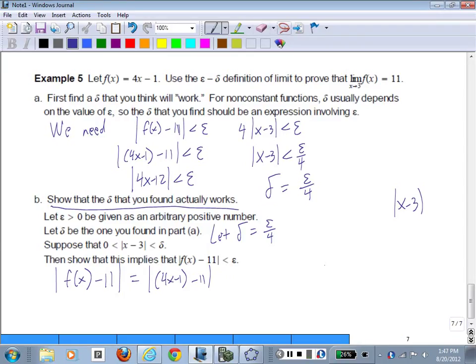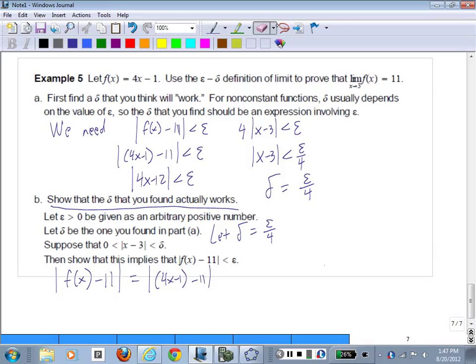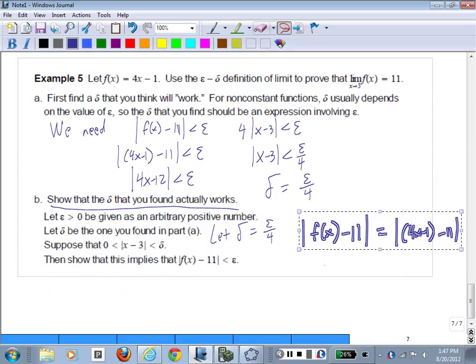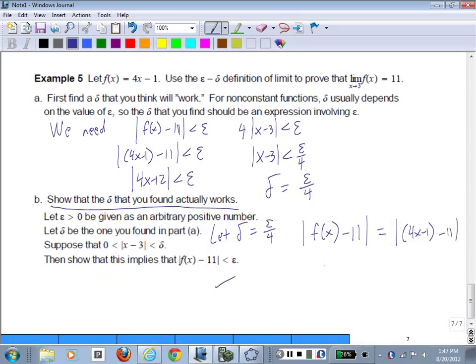In fact, I don't feel really all that good about this, so I'm going to put it up there. This equals the absolute value of 4x minus 12. This equals 4 times the absolute value of x minus 3. I know, been there, done that. But we did all that, so this would work.